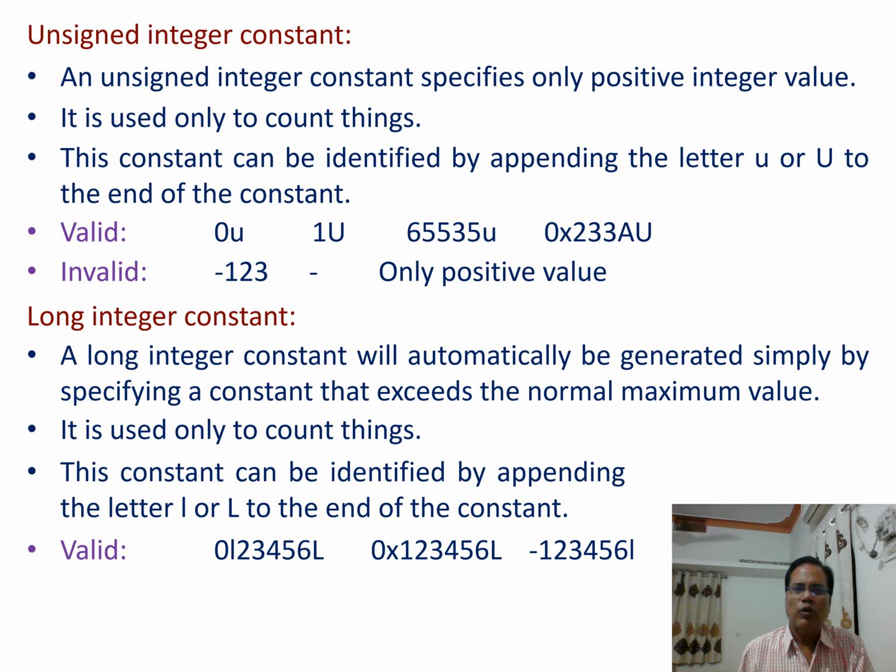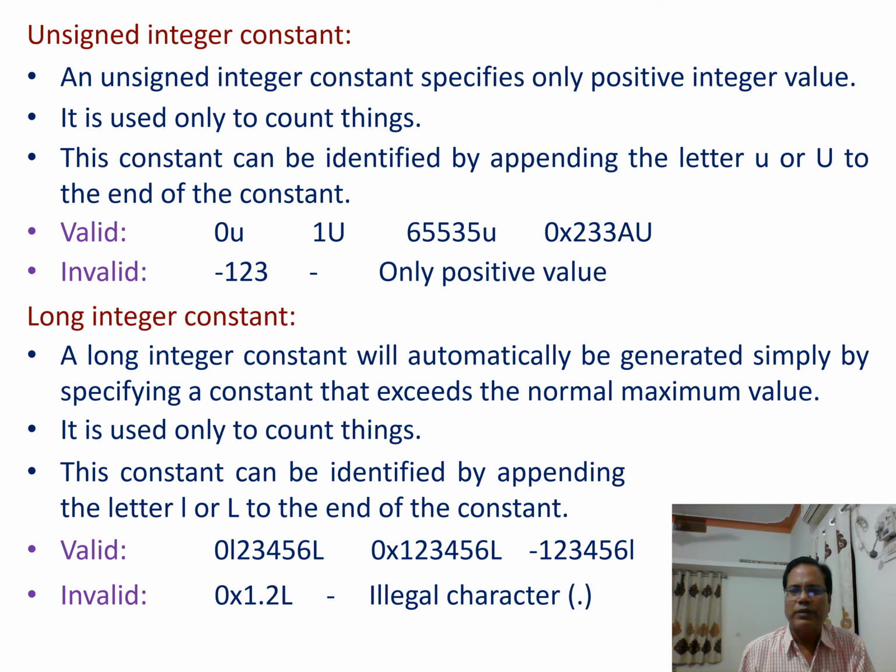Valid long integer constants are these. The first one is a valid octal long integer constant, the second one is a valid hexadecimal long integer constant, and the last one is a valid decimal long integer constant.